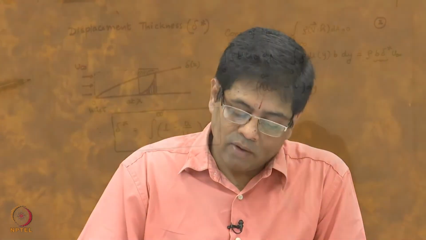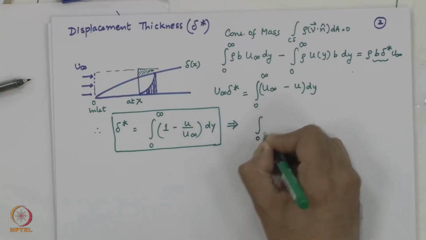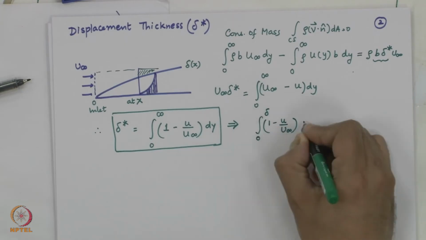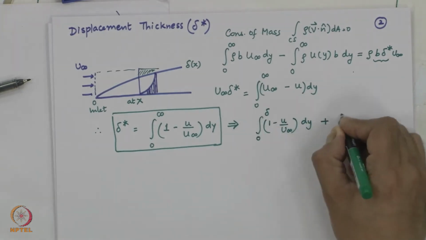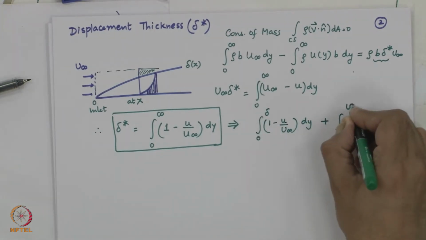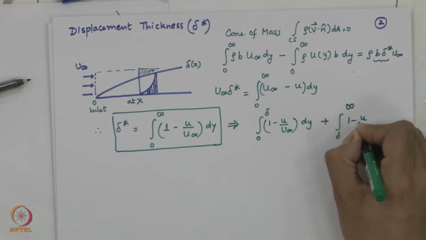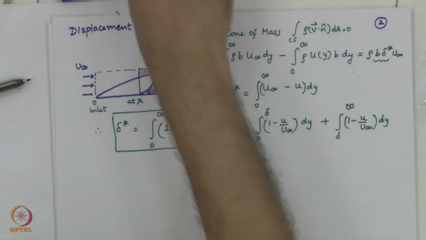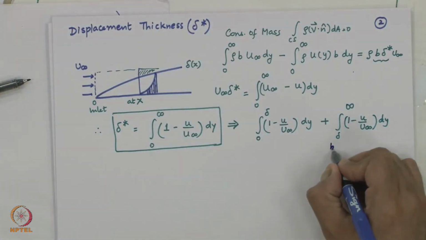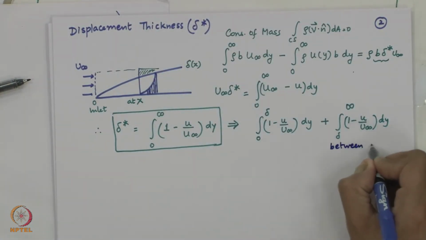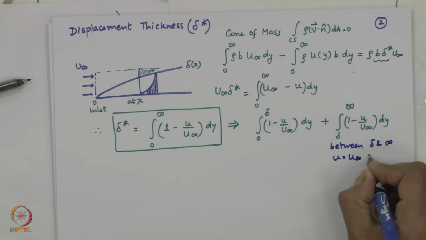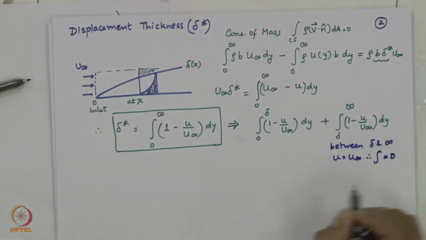Well, life is very simple, because of the definition of the boundary layer, this integral can be split from 0 to delta, which is a function of x, plus delta to infinity. Now, between delta and infinity, u is equal to u infinity, therefore, the integral is equal to 0.